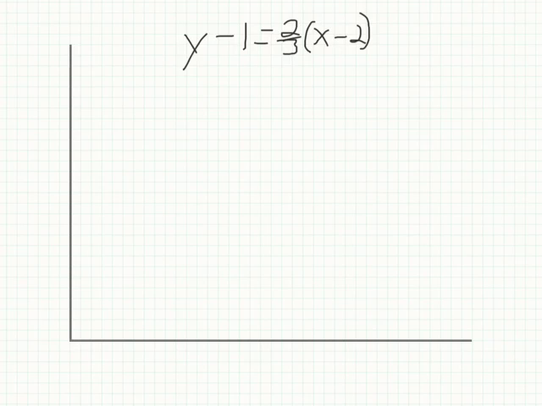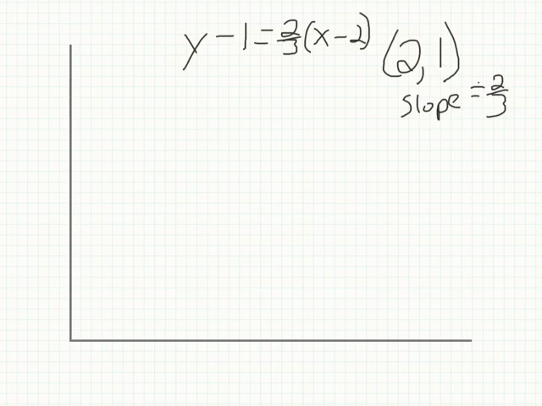Our coordinates are going to be positive 2, 1, because as you can see, the subtraction sign wasn't affected by a negative integer here, so our numbers are going to remain positive, and our slope is what we're multiplying by the x minus 2, so our slope would be 2 over 3.